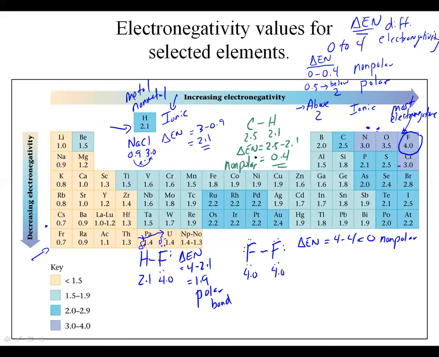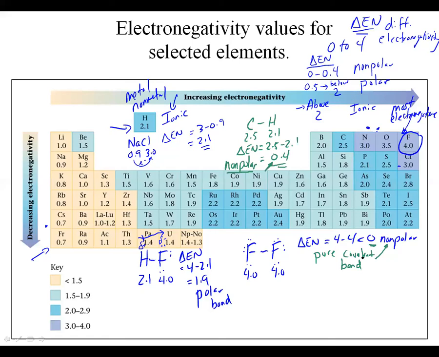Now, there is a difference when we look at these two nonpolar bonds. This nonpolar bond has a difference of 0.4, not a big difference. This nonpolar bond, though, the difference is 0. And earlier I was talking about how sometimes people call a covalent bond a pure covalent bond. Sometimes people would call this bond between the two fluorines a pure covalent bond, which again is still considered a nonpolar bond.